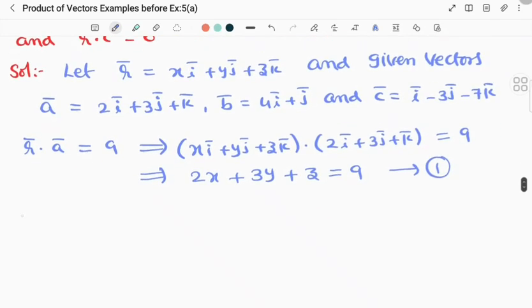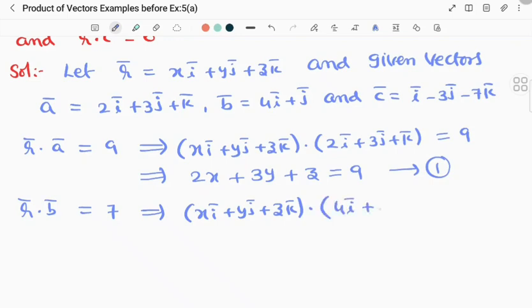Similarly, r bar dot b bar is equal to how much? It is 7. Therefore, xi plus yj plus zk dot b bar vector 4i plus j is equal to 7. That implies 4x plus y, and z term, j bar is not there, means leave it, is equal to 7, equation number 2.